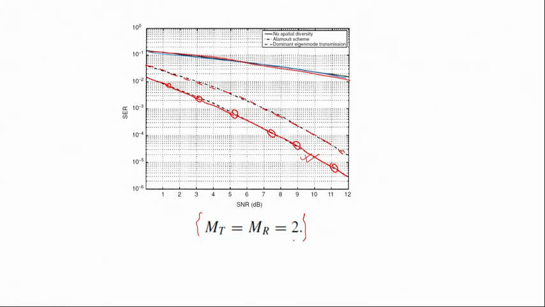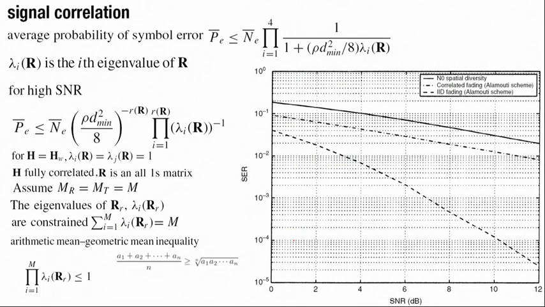So, after studying the error probabilities, we now look at the signal correlation model. That means, we have talked about the channel correlation or spatial correlation and see how it affects the performance of the system.